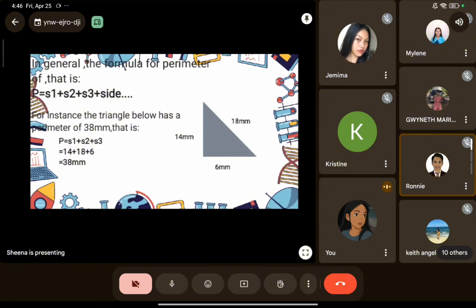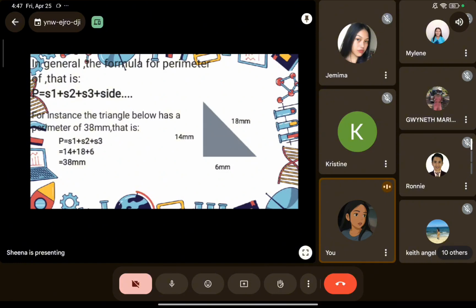So for instance, the triangle below has a perimeter of 38 millimeters. So the first thing you do, the formula is P is equals to S1 plus S2 plus S3. So S1, or side 1, is 14 millimeters.